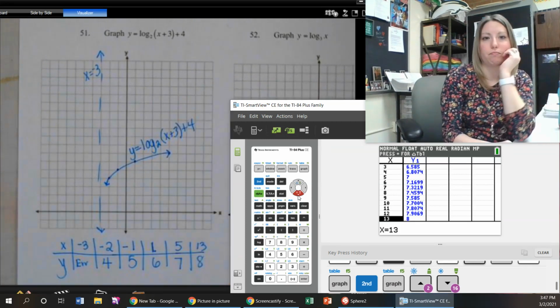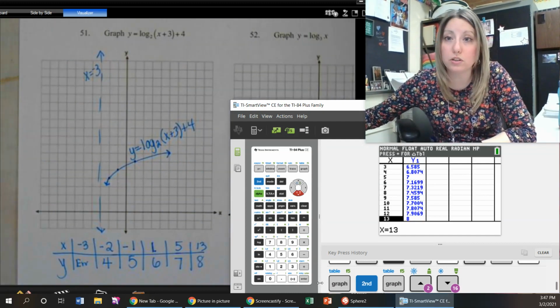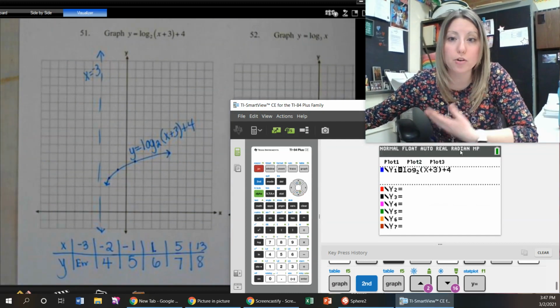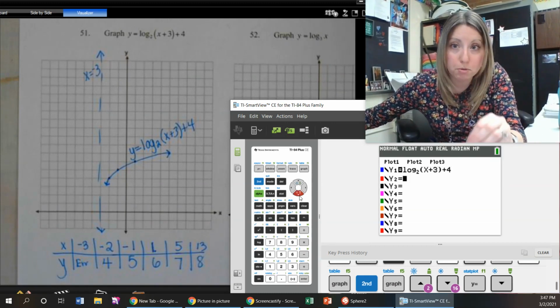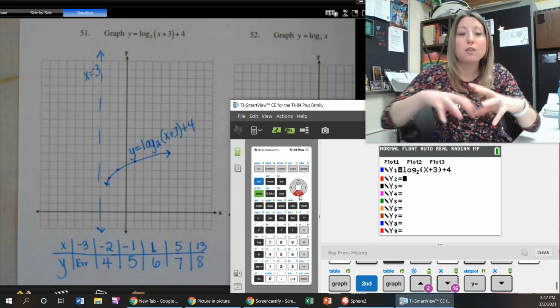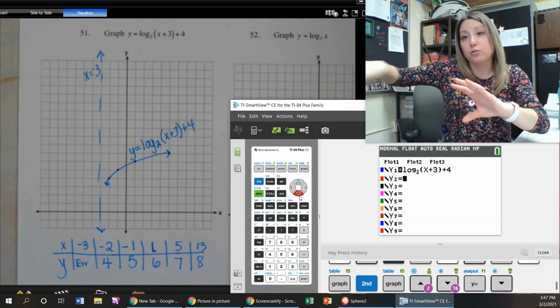There you go. Now, if you don't have an 84 or are not using this app the way that I am, the other way you can enter this is using the change of base formula. But you have to remember that you have to do the change of base, and then that +4 is off to the side.